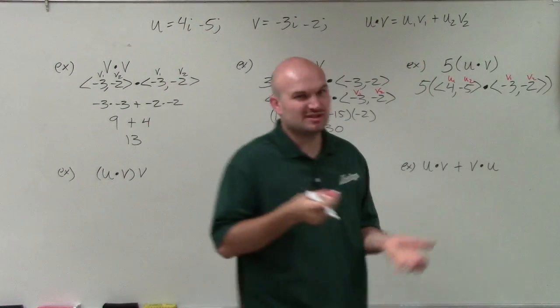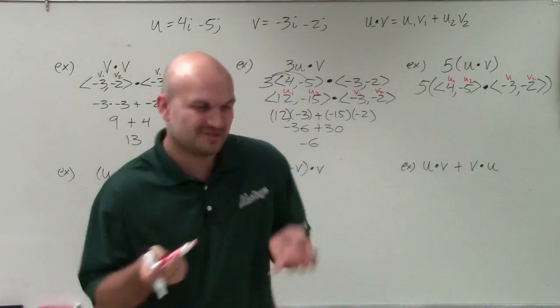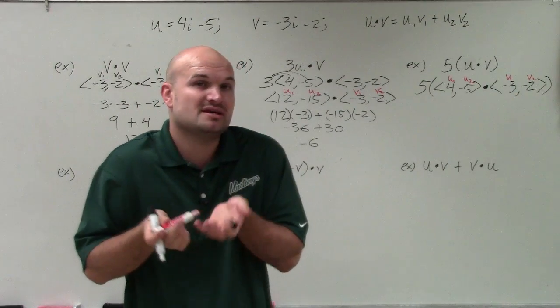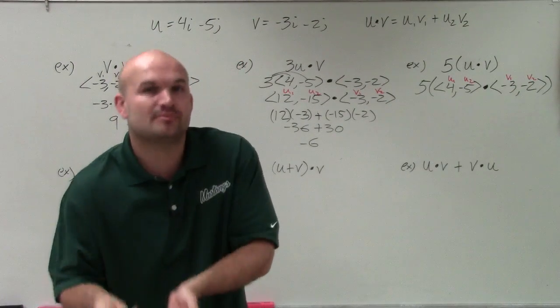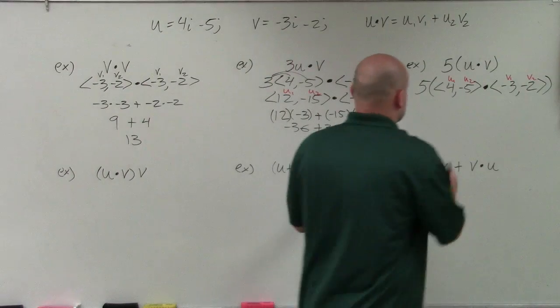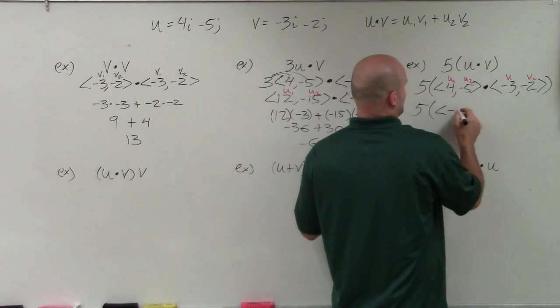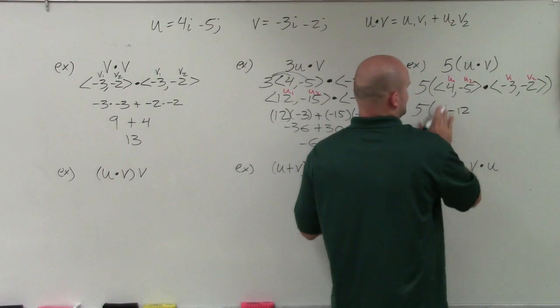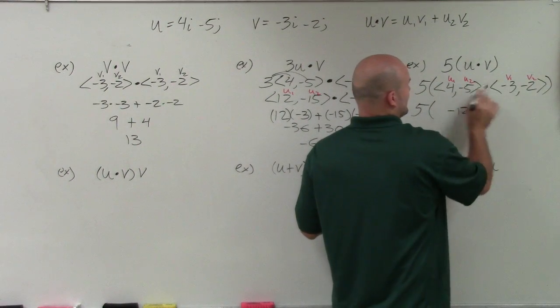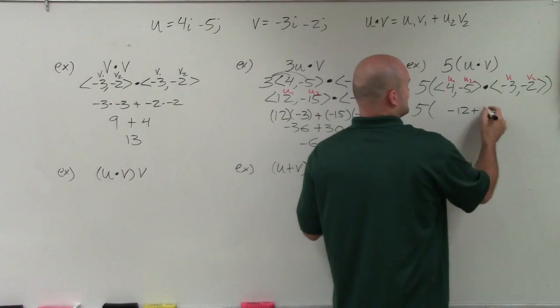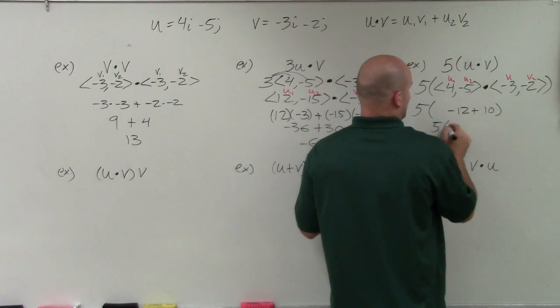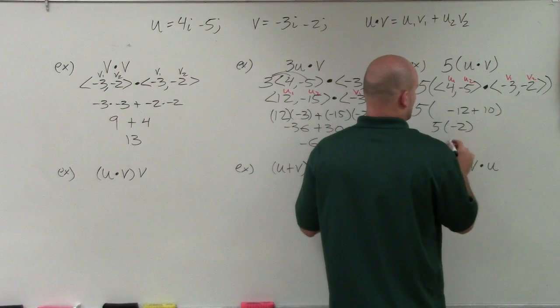It really doesn't matter what's u, v, w, or x. Just make sure you multiply the first components times each other and add that to the product of the second components. So 4 times negative 3 is negative 12. It's not a vector, don't forget. Plus negative 5 times negative 2 is a positive 10.